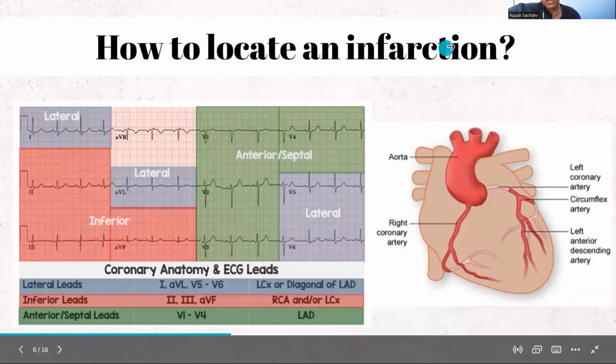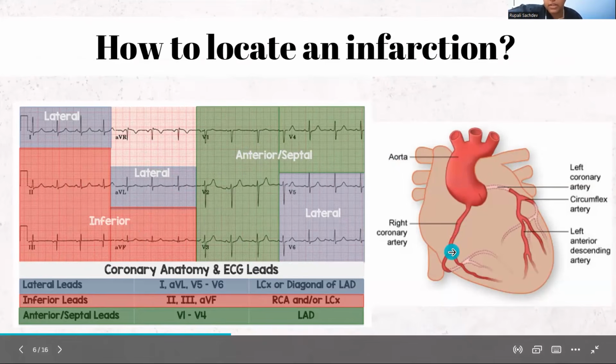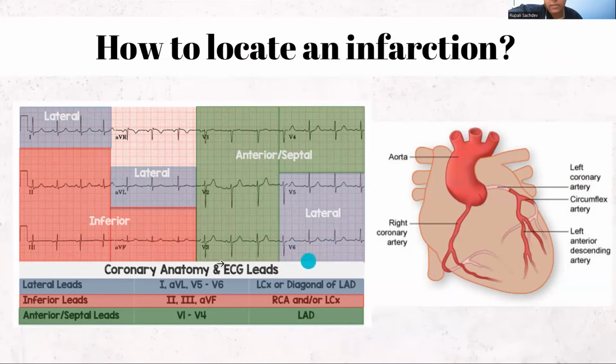Okay. Now, this I covered in the ECG section also. How do you locate where the MI is? Depending on which lead is involved in the ECG: if leads 2, 3 and aVF are involved, those are the inferior leads. That means the right coronary artery is involved, or the left circumflex.